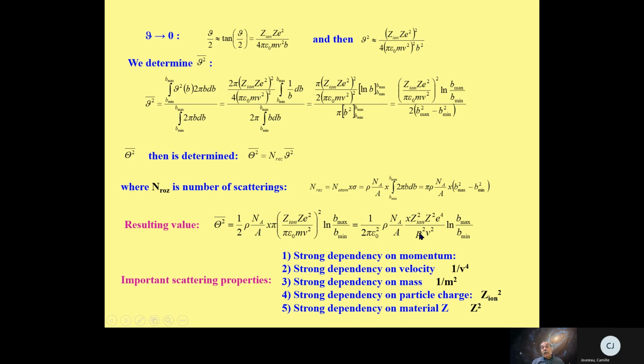This is very important because you see that if velocity is very high, near the velocity of light, there will be small dispersion of the beam. If velocity is small, there will be a very big spread. And if you have a heavy ion and heavy material, there will be higher spread, higher dispersion and higher radius of the beam.